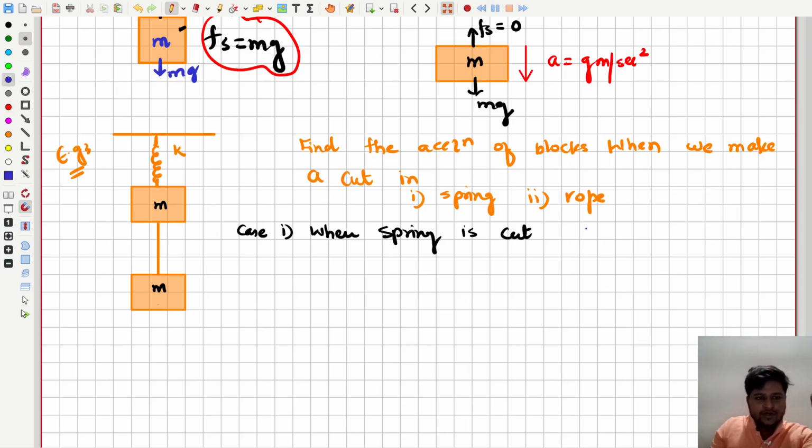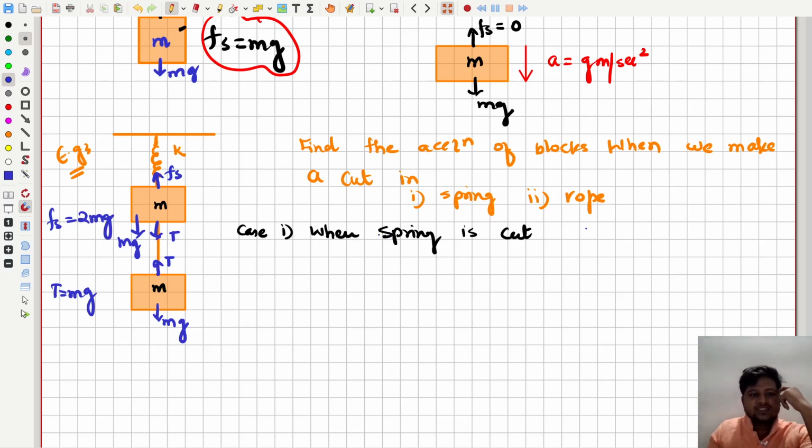Weight how much? mg, tension T, tension T. This is again mg, and I have my spring force over here. So in equilibrium, T is equal to mg, and Fs is equal to T plus mg, which is nothing but 2 mg. So when the spring is cut, what will happen?